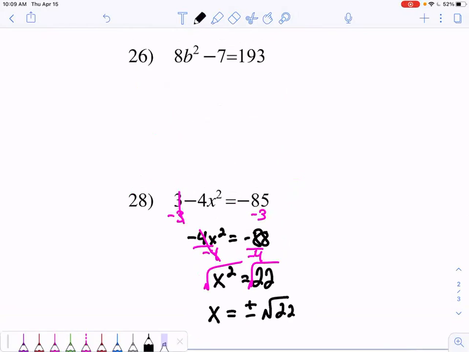Hey, look at 26. What would be the first step we're going to do? Add 7. What's left? Next step.